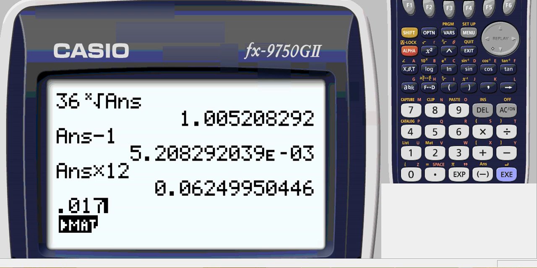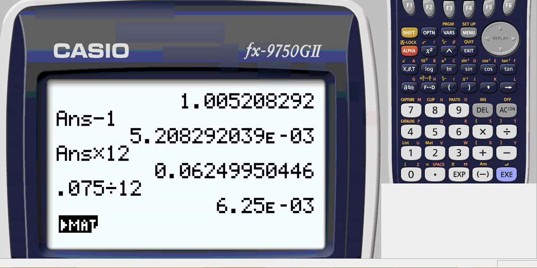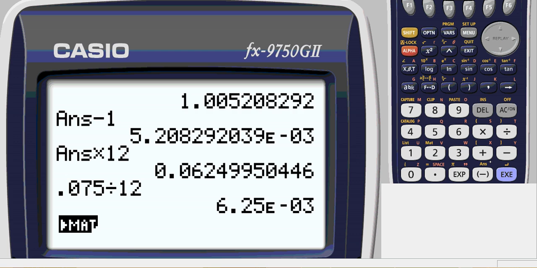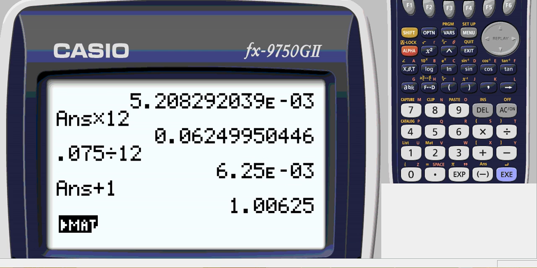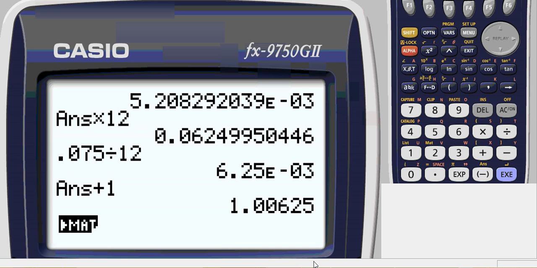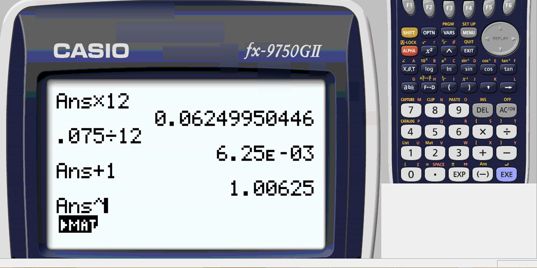0.075 divided by 12. Add 1. Then the exponent is 24, so that answer to the 24th power.